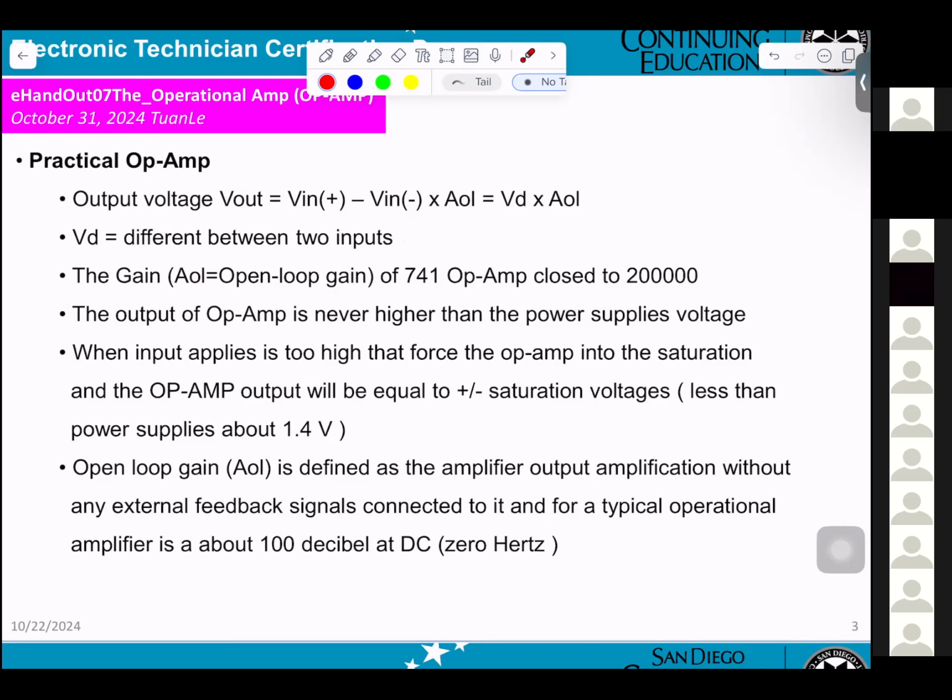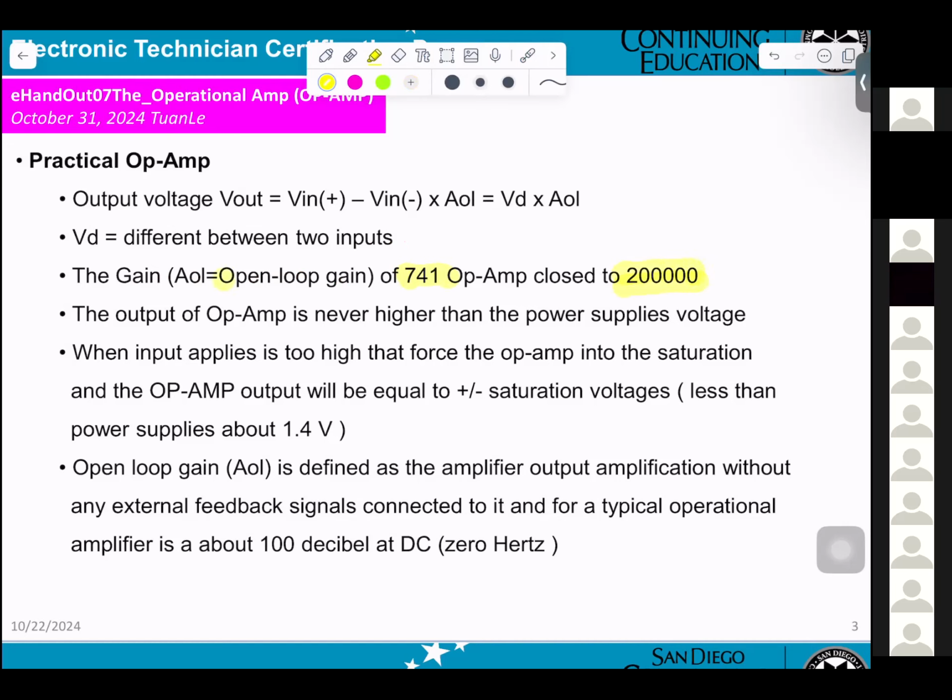That means the op amp you're working on, the 741. It will be close to 200,000. That means open loop. From the manufacturer, when they build the IC 741 op amp, the gain is close to 200,000. Very, very big.